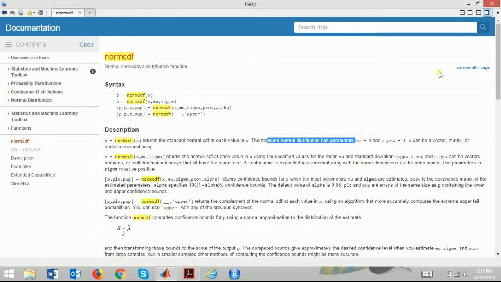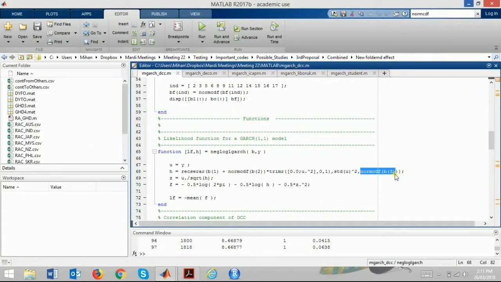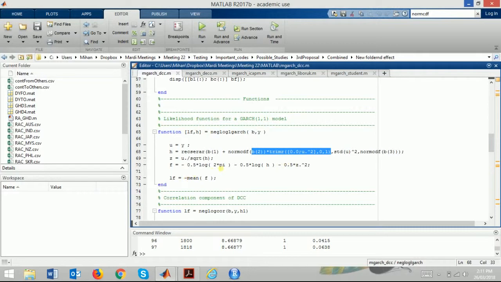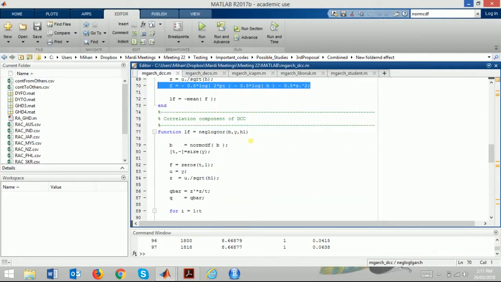Okay, so this will be sigma. This is mu, which is u squared. This is x, b2 into trimar or something. So z gives you u, and we already know this equation. Correlation should be the same as well.